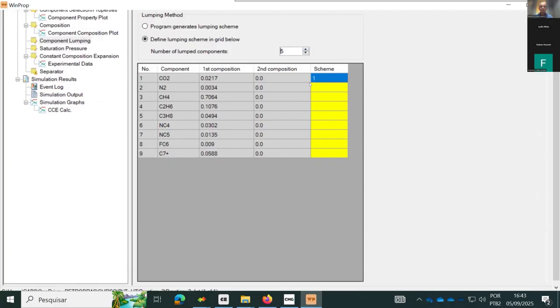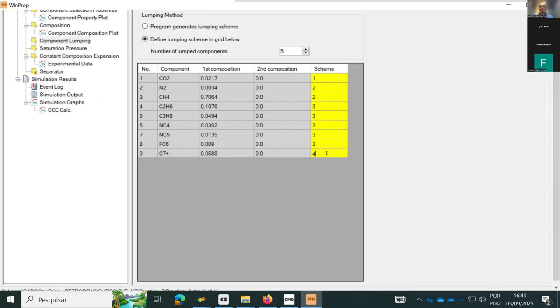Okay, component 1 will be CO2. Component number 2 will be the lump between nitrogen and methane. Okay. Let's create a lumping. Let's try a very simplified case, lumping C2, C3, C4, C5, and C6.